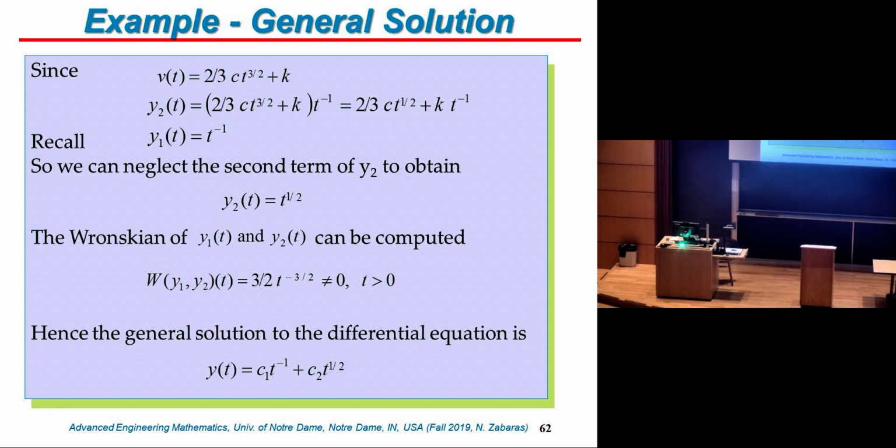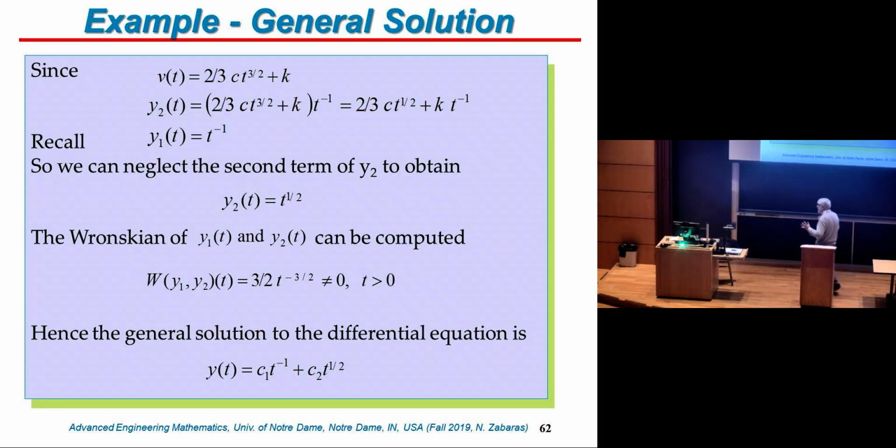That's not bad, right? I know we did it very fast, but I want you to remember the whole method: you try a solution that has the form v of t, some unknown function of t, times t to the minus 1, and t to the minus 1 is the one fundamental solution you have already been given, okay?